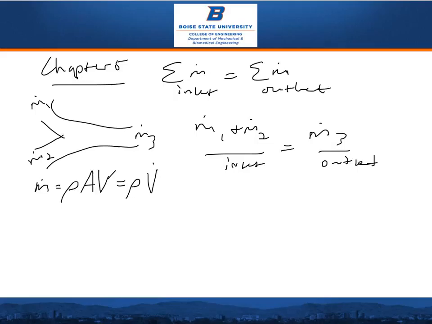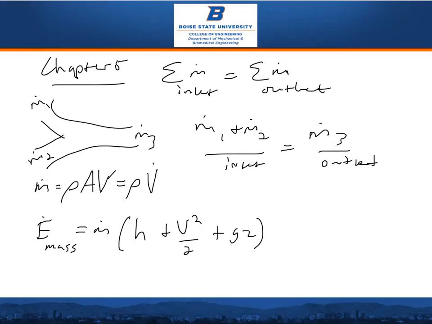So the next subject for chapter 5 is the rate of energy transport by a mass. Our energy by mass, E dot mass, is going to equal m dot times (h, or internal energy, plus V squared over 2, our kinetic energy, plus gz, our potential energy), times mass flow rate.